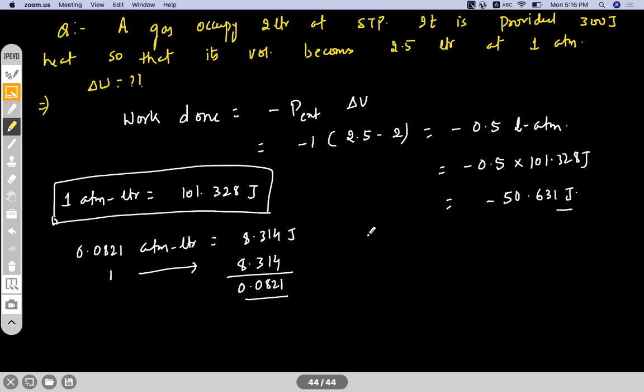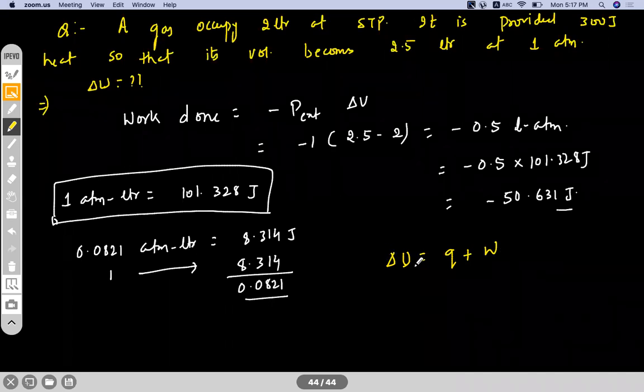Now, Q is equals to, you see, a gas occupies this, provided this joule of heat, volume becomes this. So there's expansion, right? So work done by the gas we have here. Delta U is equals to Q plus W, right?